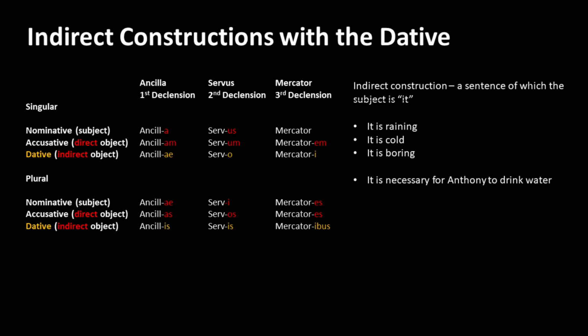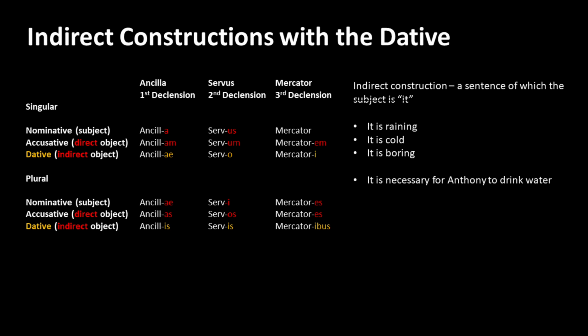This last, it is necessary for Anthony to drink water, is a very clumsy construction in English, and whenever you see a sentence like this, you can be sure that someone has been learning Latin or is imitating someone else who has been learning Latin. This last type of construction doesn't work well in English and is generally to be avoided.